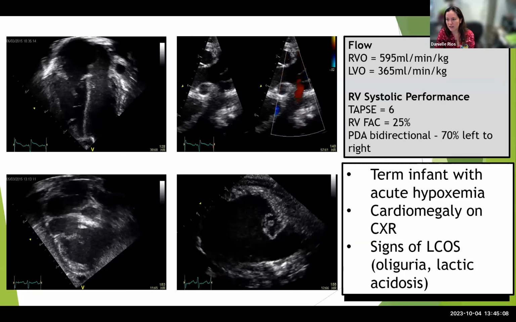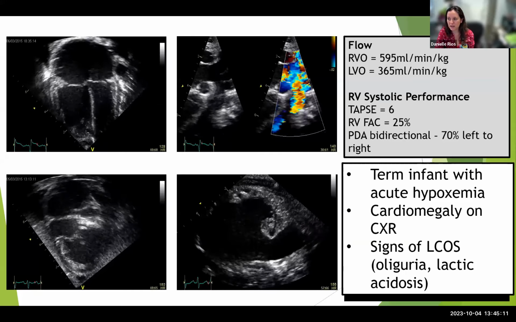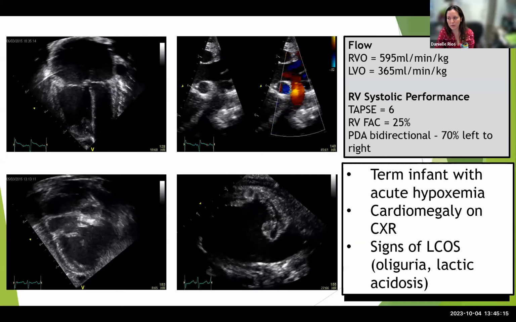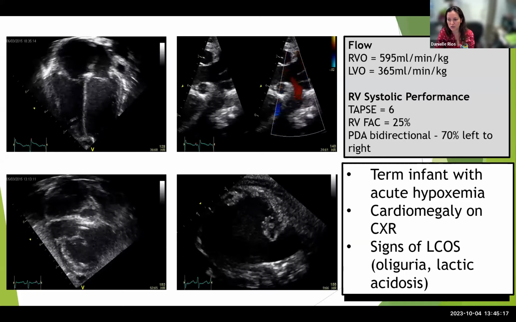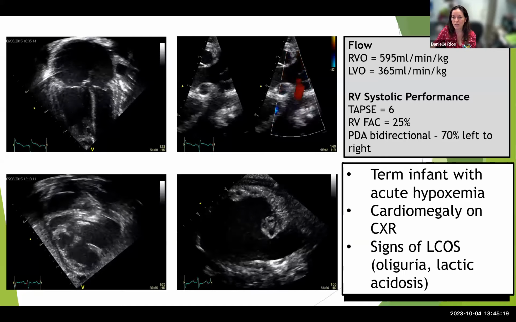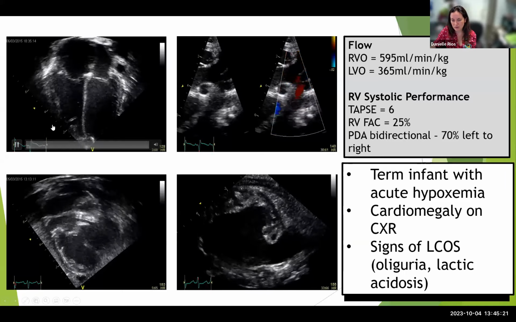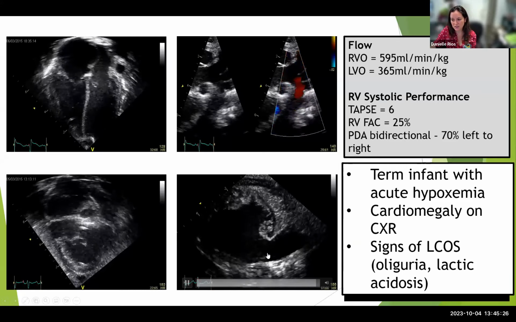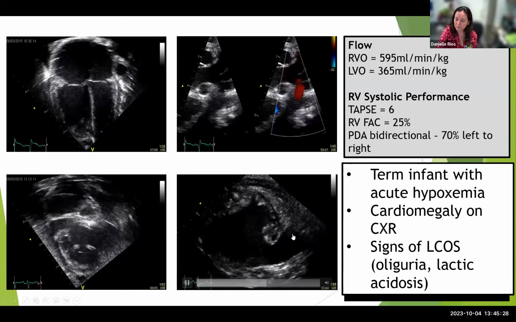And of course, the PDA again is bidirectional, 70% left to right. So at 60%, if you remember, we said that's suprasystemic pulmonary hypertension. So you have suprasystemic pulmonary hypertension in this patient with low RV function, and this is your SVC, so a dilated SVC.